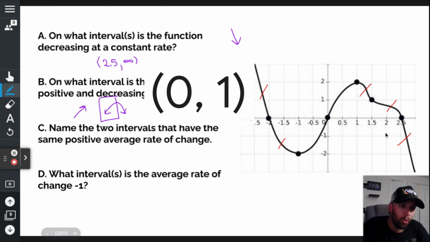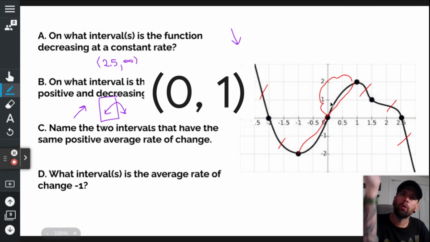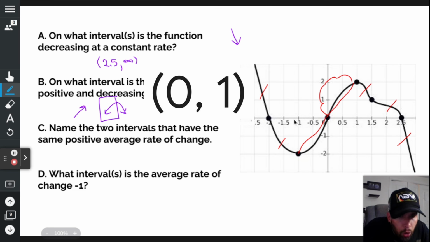Well, that makes life a whole lot easier because between here and here, I go up 2 over 2, and between here and here, I also go up 2 over 2. I should say up 2 units over 2 units, because if you really look at this graph, it's actually not up 2 over 2, and that's going to bite us when we do D. All right, so we will say the 2 intervals are going to be between -1 and 0, union, and between 0 and regular 1.